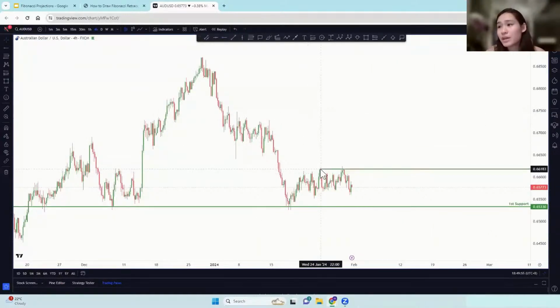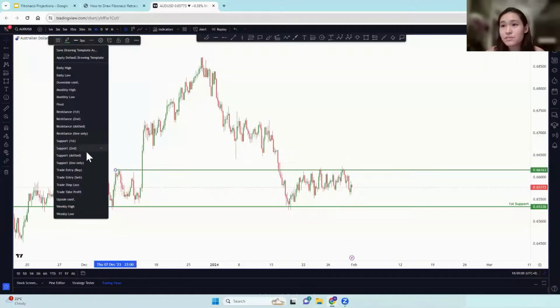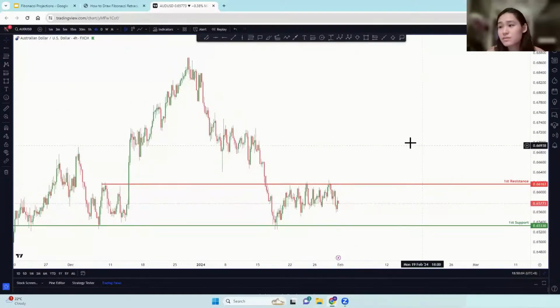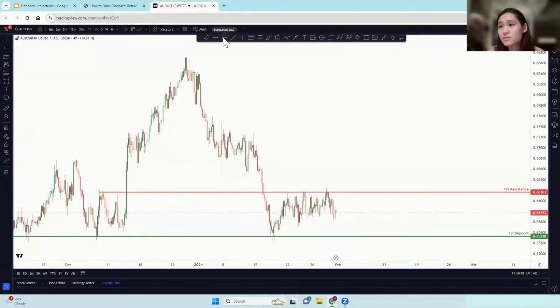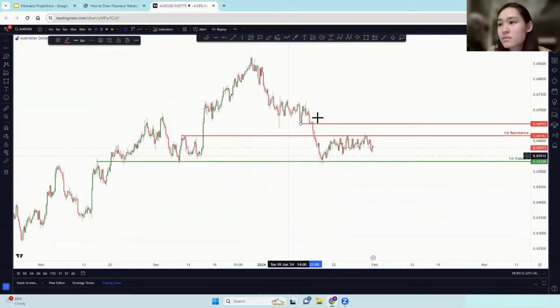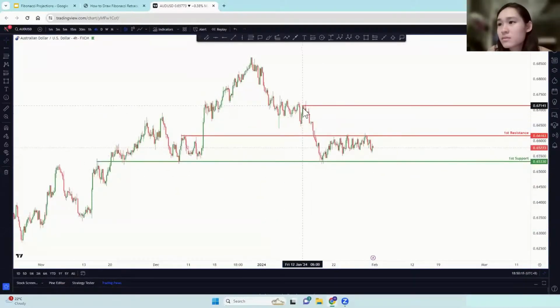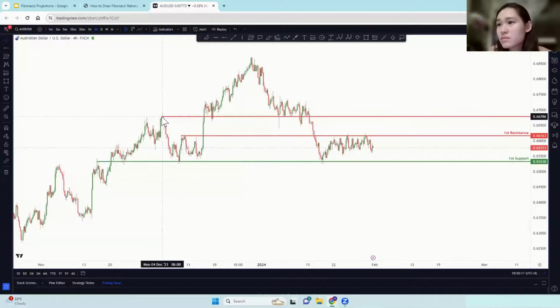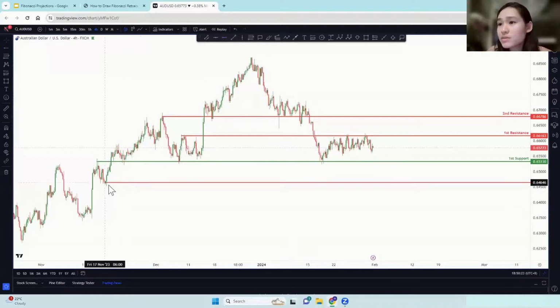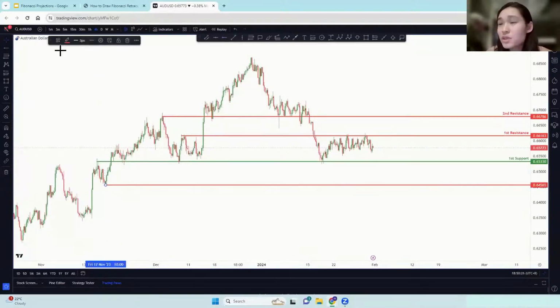Okay, and then my first resistance would be here. Okay, this would be my second resistance, and my second support would just be here.